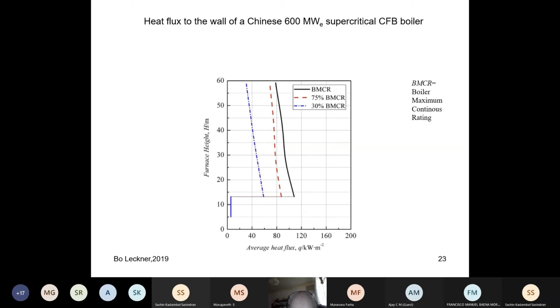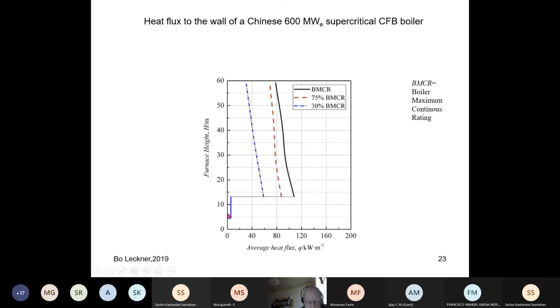It shows the heat flux along the wall of a CFB boiler from the bottom up to high altitude, which is more or less constant.